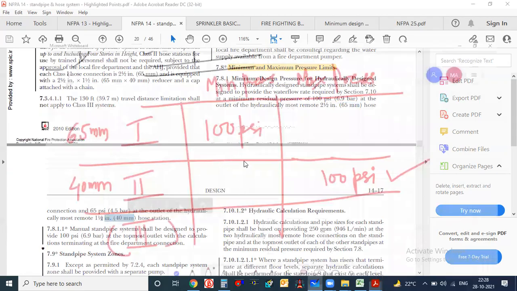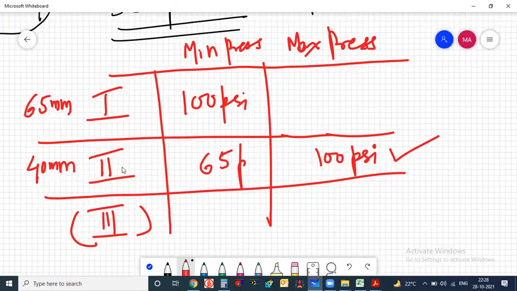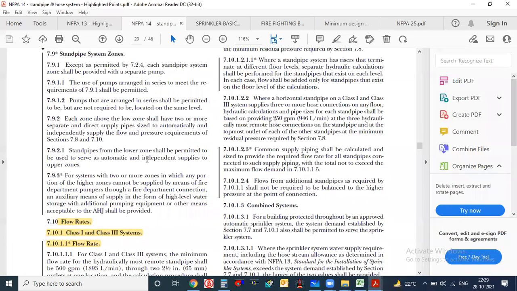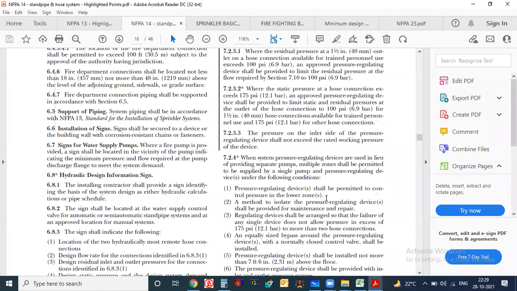So we got three points: the minimum pressure and maximum pressure for the 40 mm outlet, and the minimum pressure for 65 mm. Now, can you tell me what will be the maximum pressure for 65 mm? Because nothing is given about the maximum pressure. Here you will not find anything about the maximum pressure. But if you go a little bit above, you will find the maximum pressure written here.